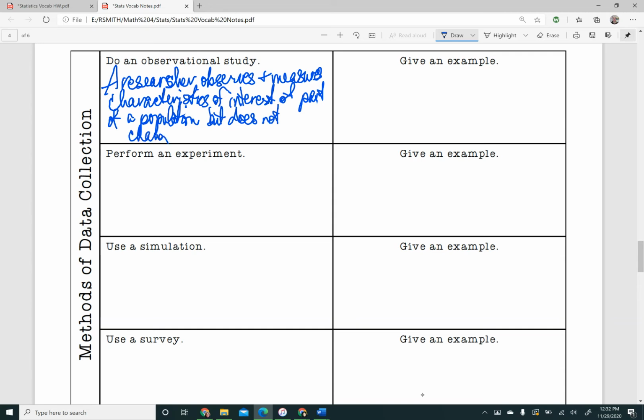So they're just looking. They're just seeing. They might sit on the side in the cafeteria and count how many people wear hoodies. Okay, an observational study.